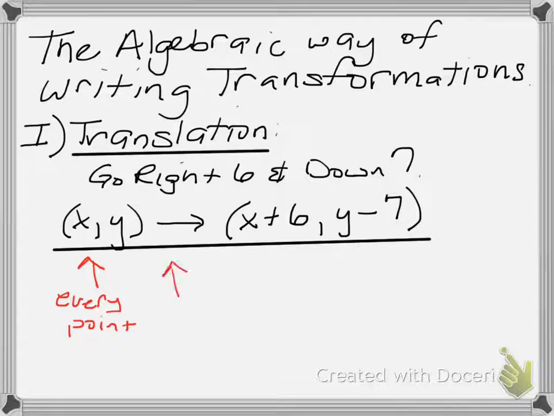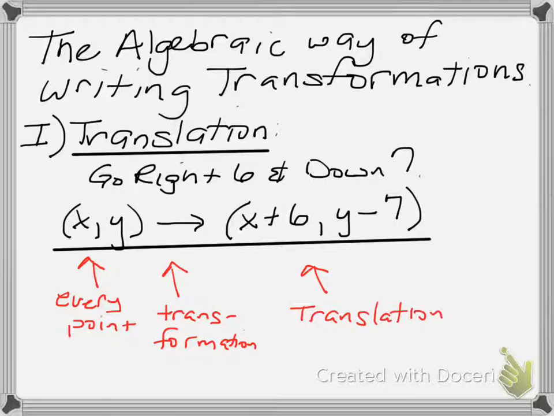This arrow right here stands for the transformation. And this right here represents the translation of going 6 units to the right and 7 units down.